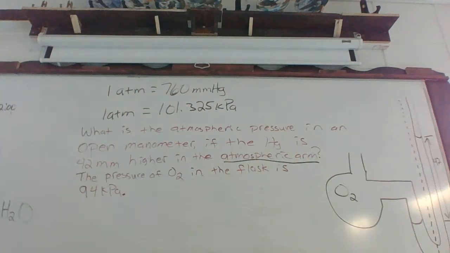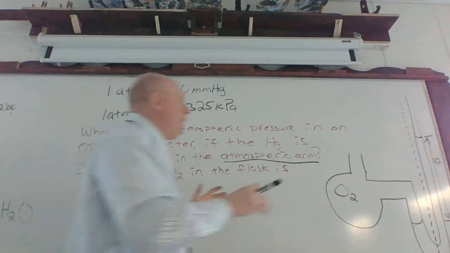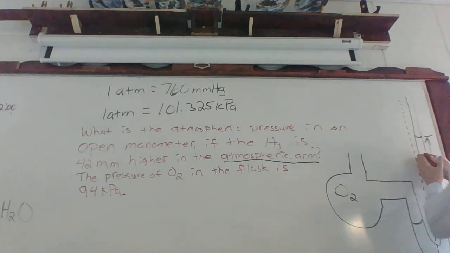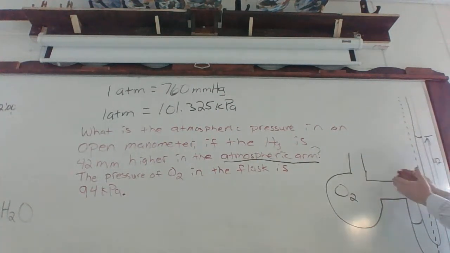So, according to this picture, along that dotted line, which side would you believe is the atmospheric arm? The one on the right or the one on the left? Which one is open to the atmosphere?